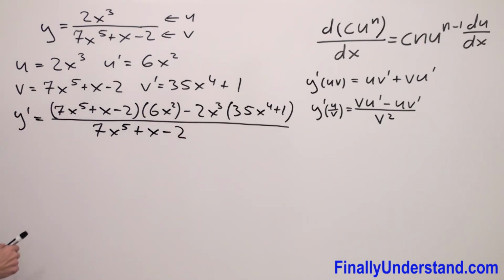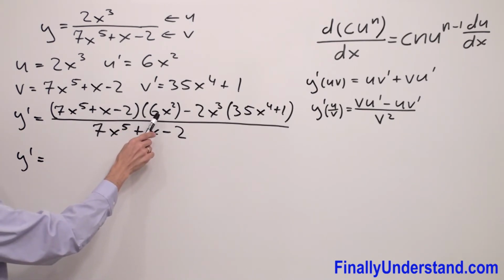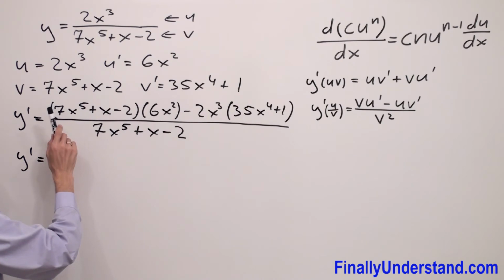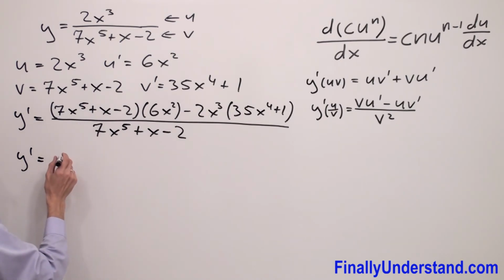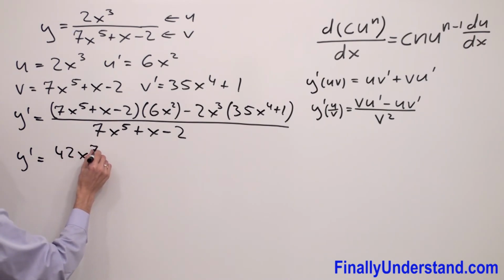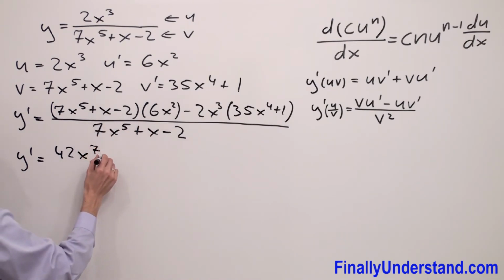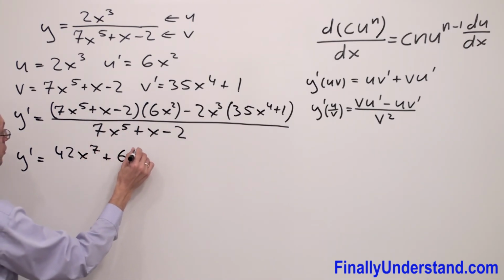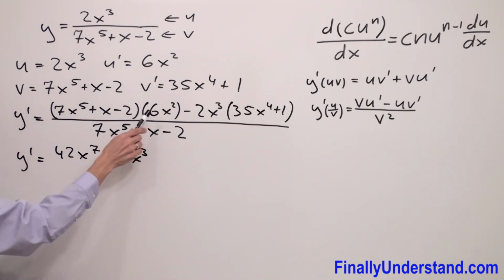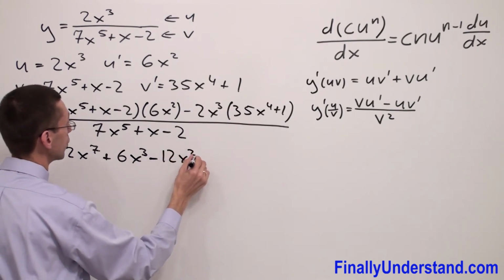Okay, next we're supposed to organize a little bit the numerator. So if y prime is equal to 6x squared times 7x to the fifth, that is 42x to the 7. 6x squared times x is 6x cubed. 6x squared times negative 2 is negative 12x squared.